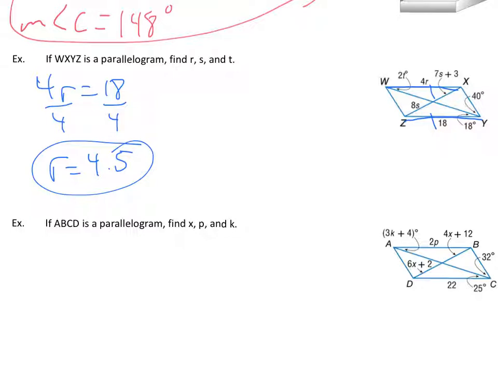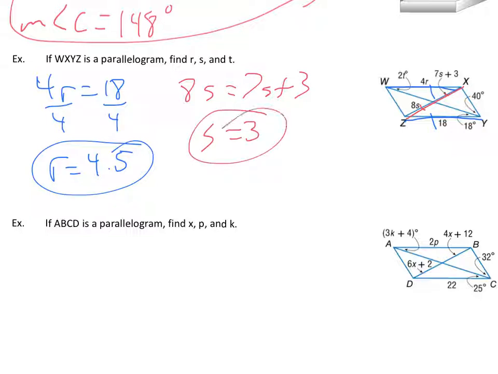Now segment S. 8S is equal to this segment, which is 7S plus 3. Remember, this is a parallelogram, therefore the diagonals bisect each other. So 8S equals 7S plus 3. Subtract 7S and S equals 3.